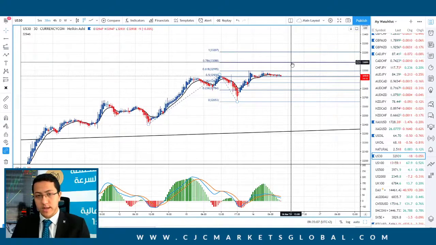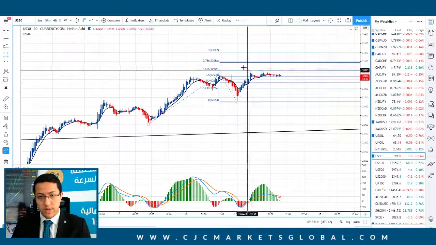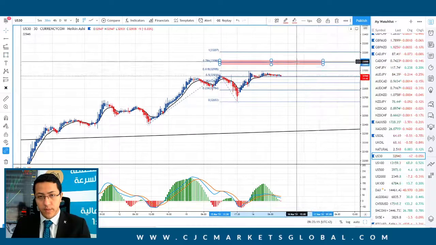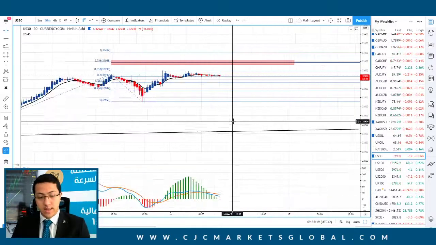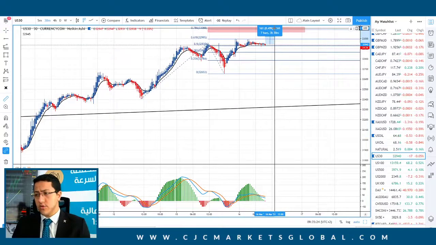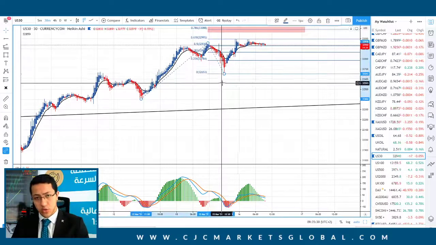That's what we are expecting through the day. This should be our target level for the Dow Jones. So we're expecting this retracement to end during the day, and we have like 150 points potential to the upside to continue the movement, and that's what we're having on the Dow Jones.